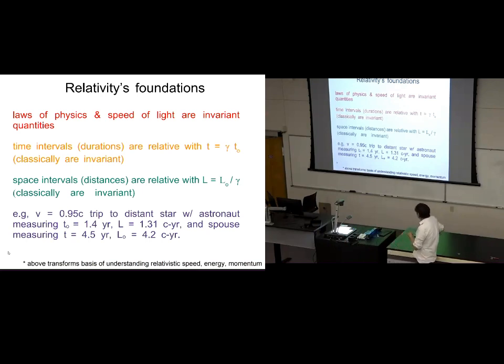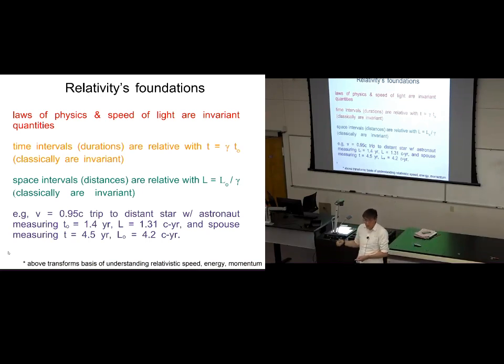If you were to take the distance traveled divided by the time, that's velocity. That's a law of physics that says velocity is distance traveled divided by time. And you'd find that if you divide in either case, for the astronaut or for the spouse, distance divided by time, you get the same velocity in both cases, 95% of the speed of light.